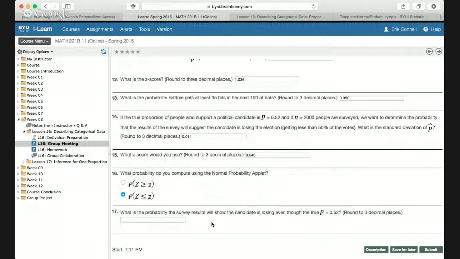Okay, and what is the probability the survey results will show the candidate is losing even though the true p equals 0.52?